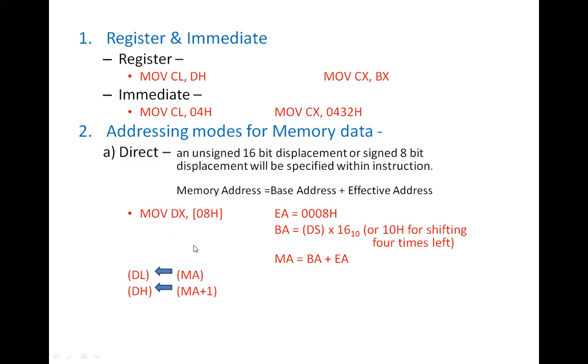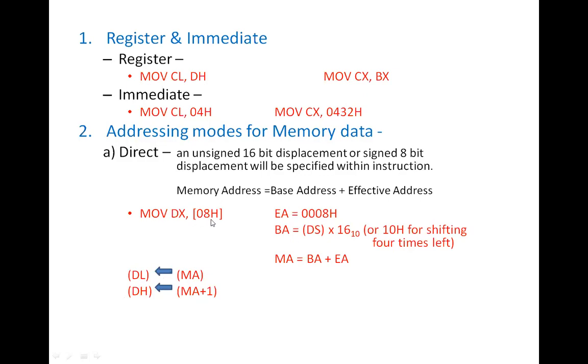So whatever memory address is generated over here, the content of that memory will be copied in the DL register. And then the next memory location, which is MA plus 1, that is memory address plus 1, will be copied in the DH register. So this is displacement.